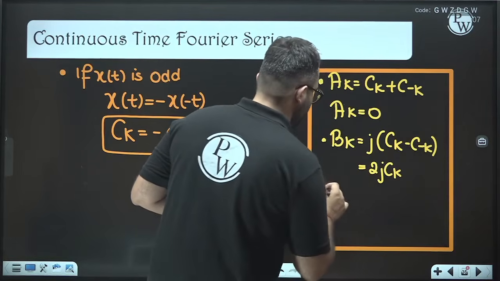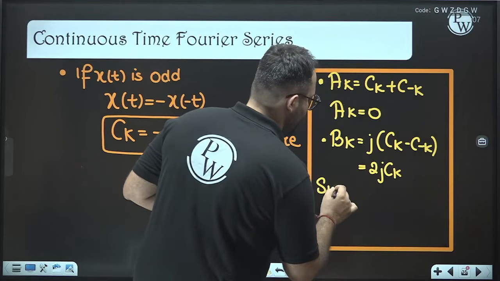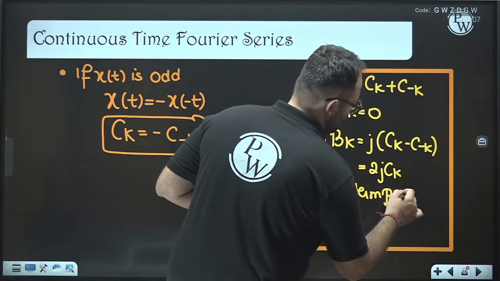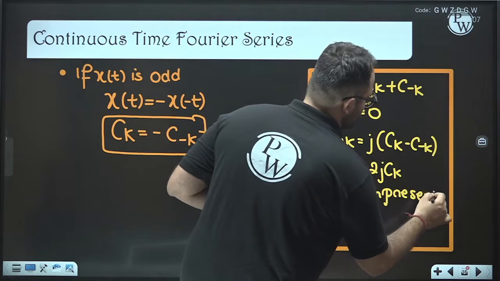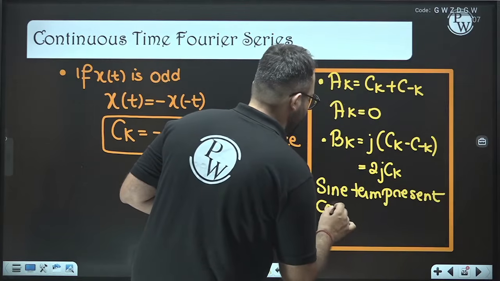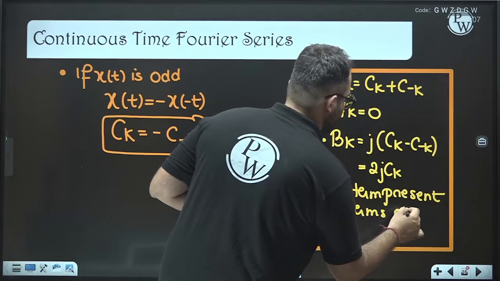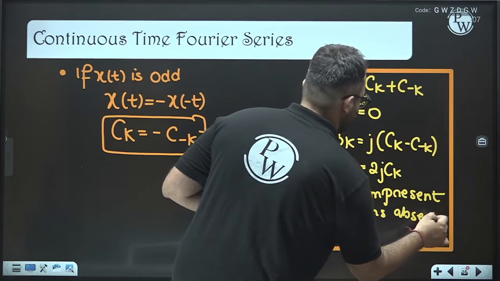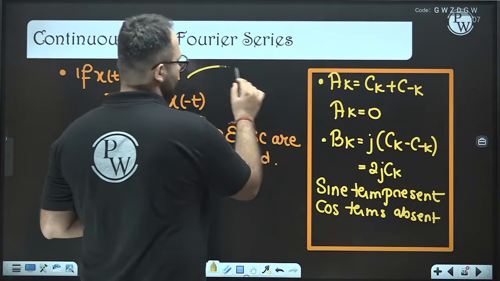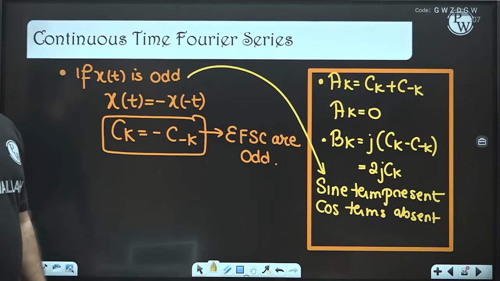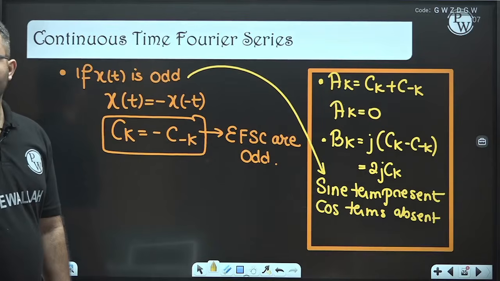So here we can say sine terms will be present, but cos terms will be absent when the signal is odd. So these are the two very important properties.